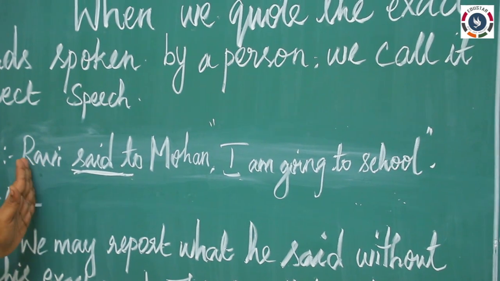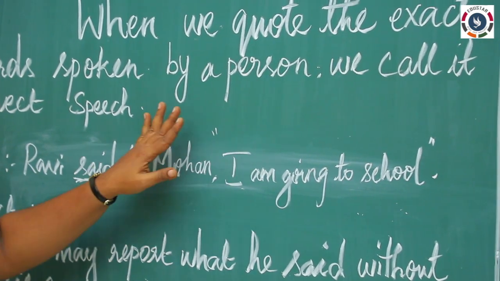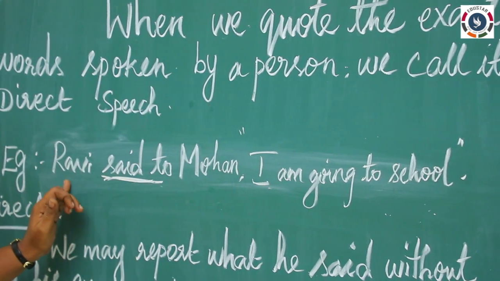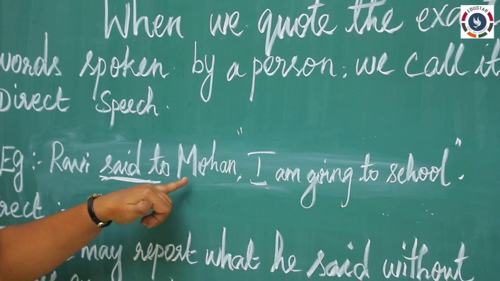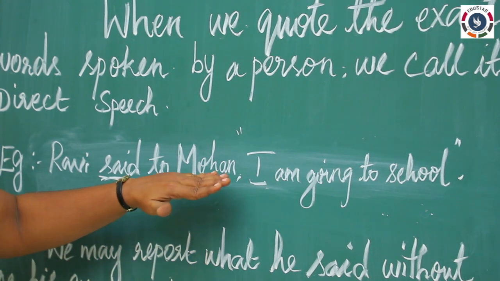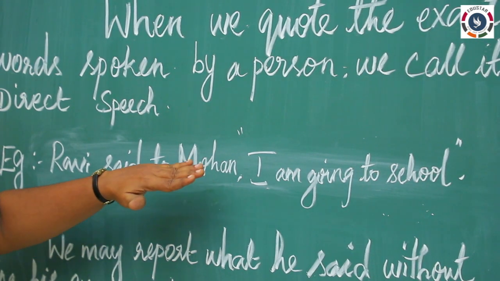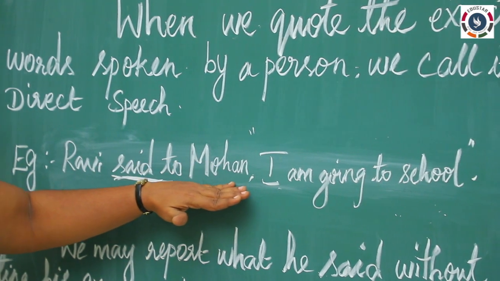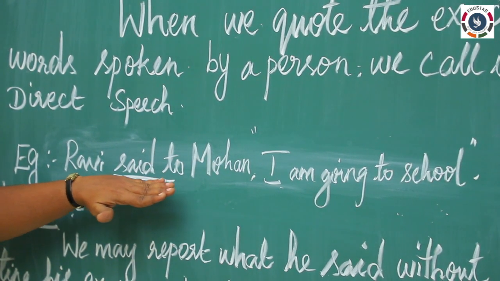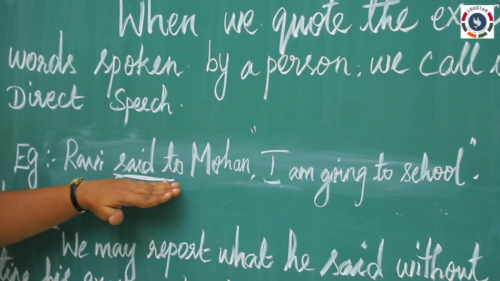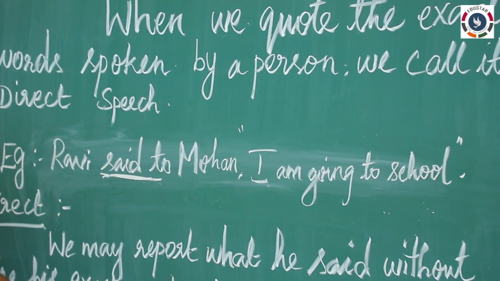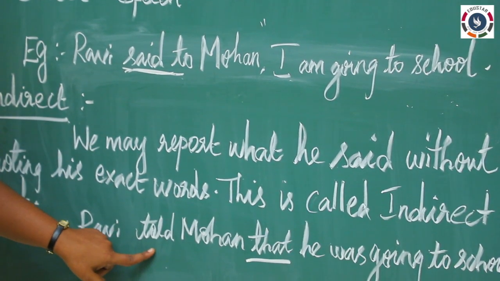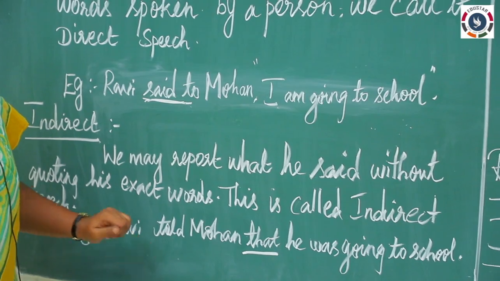If it is given Ravi said, then there is no object in this sentence. But Ravi said to whom? Mohan. So this is object. So if there is object in the reporting clause, we have to change this reporting verb said to into told, or if it is given say, again you have to write say as it is.